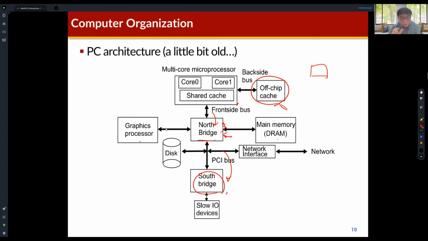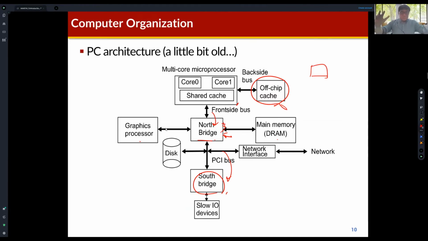So a computer system includes a CPU and main memory like DRAM. Also, some computer systems have GPUs, and then many I/O devices such as keyboards, storage, mice, and networks are connected to our computer system.